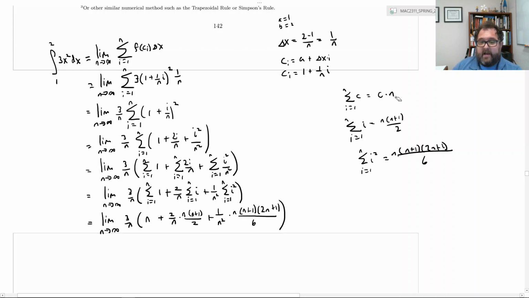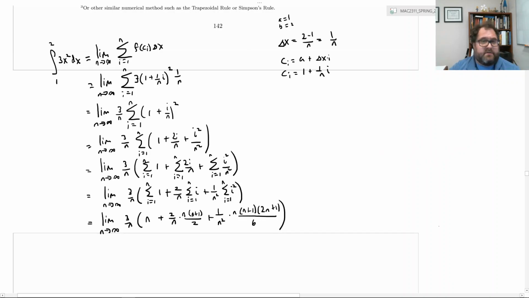Now it's just a matter of taking this limit, cleaning it up, and getting to a point where we can recognize that this goes to 0, that goes to 1, this goes to 2, or whatever the case is.